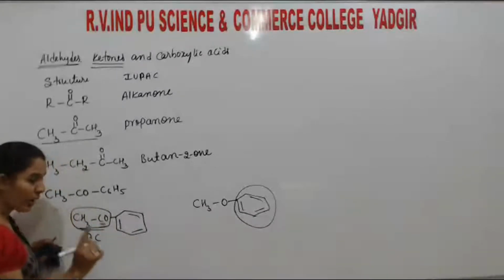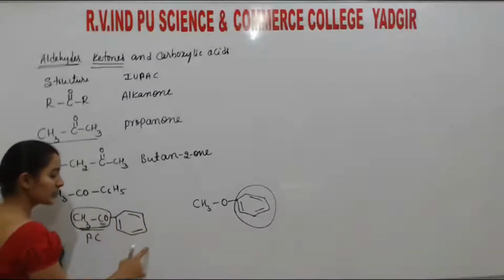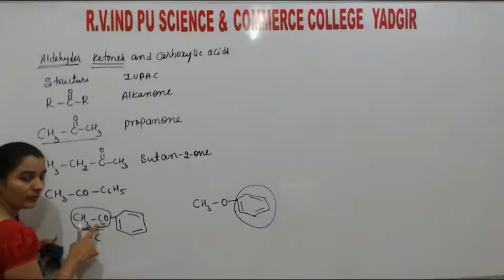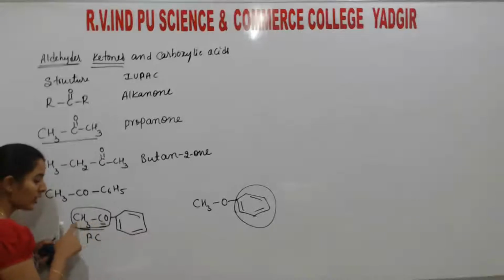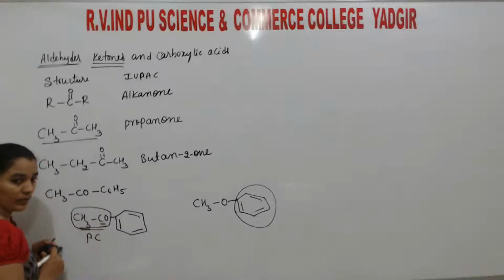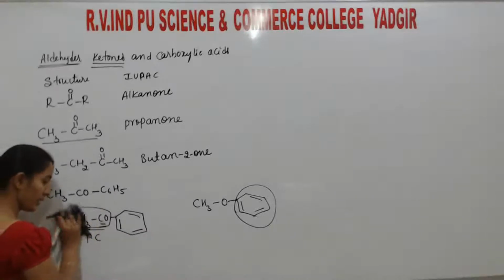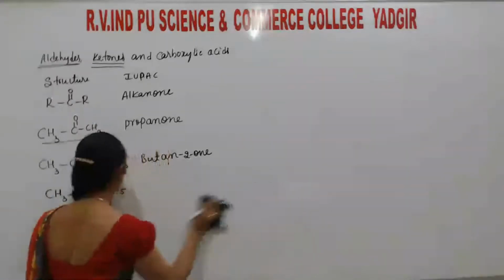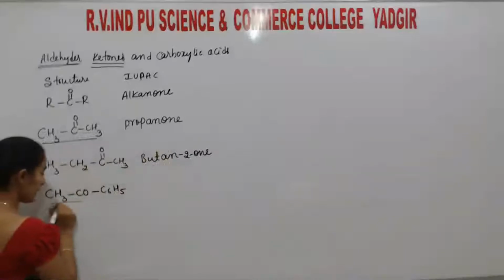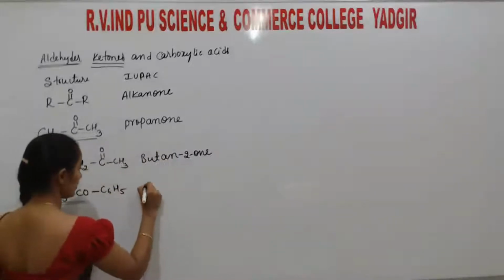Are you getting? Why? Because if we consider this one as a parent chain, this carbon atom cannot be involved. But if we consider this one as a parent chain, this is involved in the nomenclature, as in the parent chain. Okay, so that's why. So here this is the parent chain. This is what?